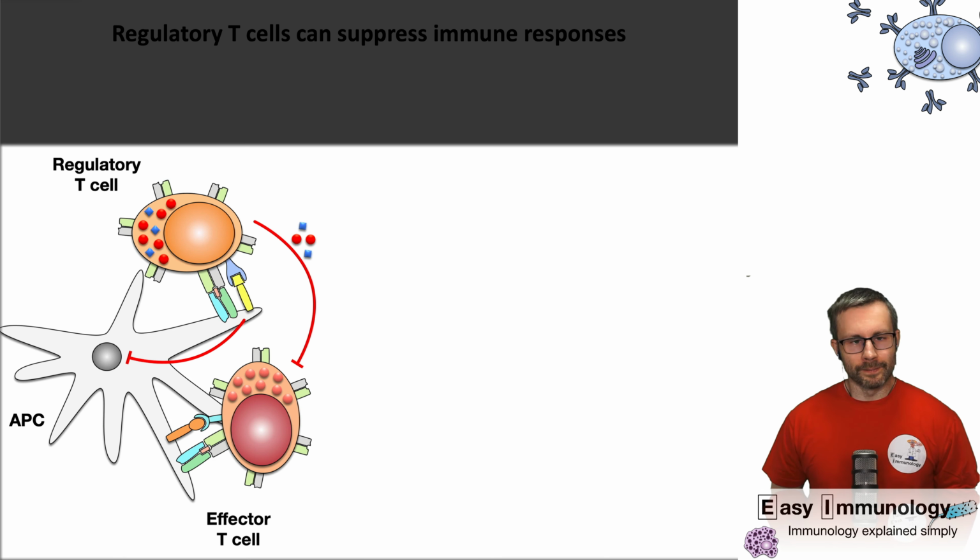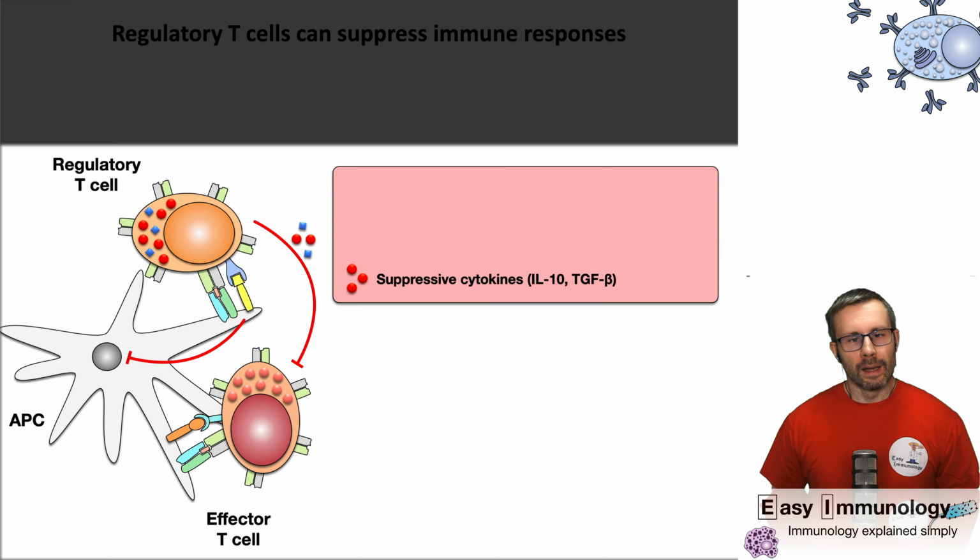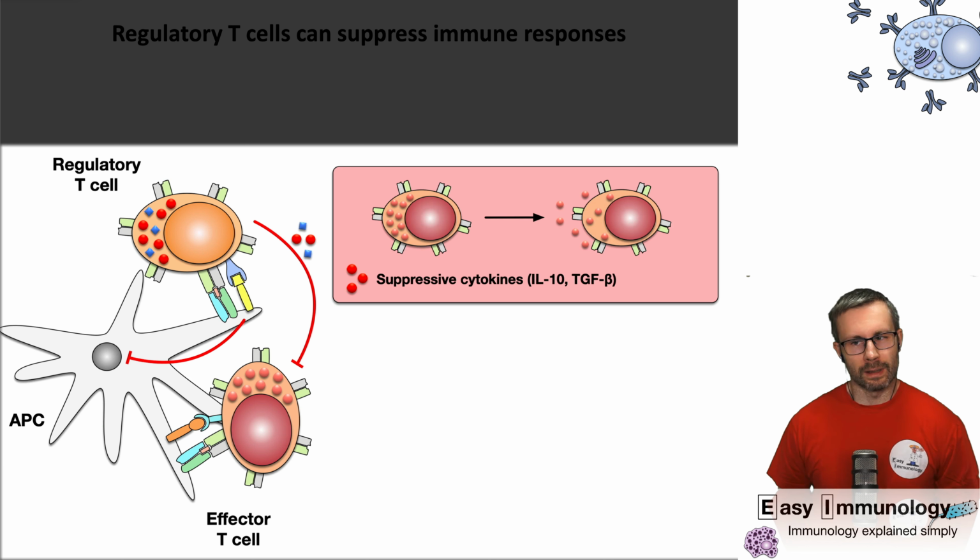And it can also shut down the possibly autoimmune T cell by secreting the red guys and girls. These are the suppressive cytokines like interleukin 10 or transforming growth factor beta. They basically prevent the activation of that cell. This is good. This is a safety mechanism, so then it doesn't do anything anymore.